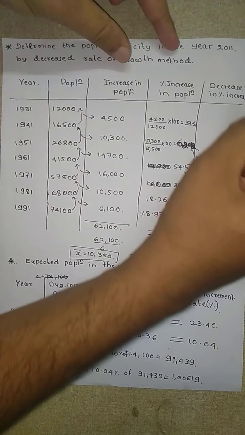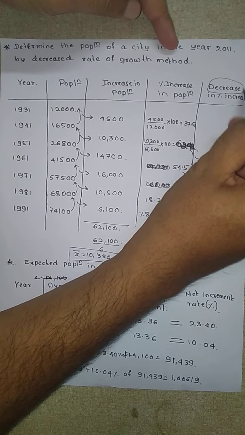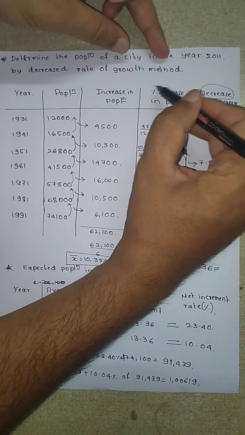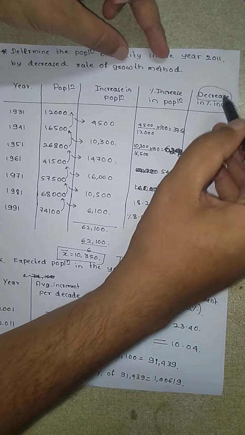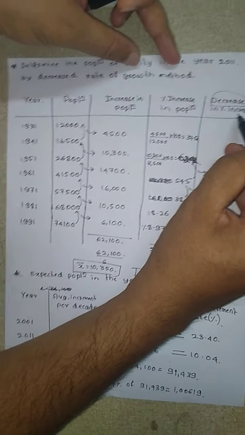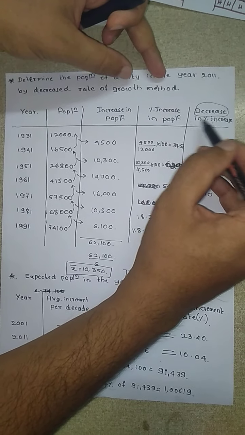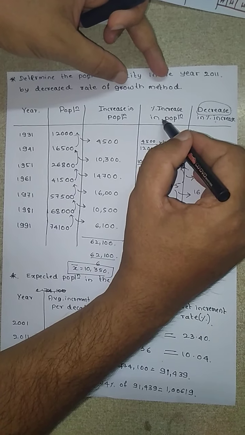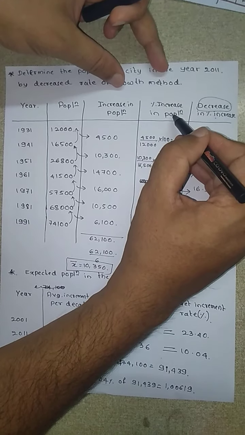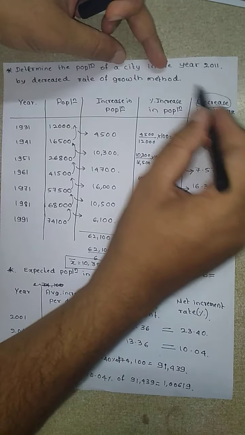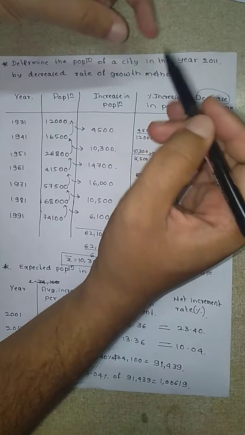If we want to find the decrease in percentage increase, we first need the percentage increase. Without the increase in population, we cannot find the percentage increase in population. So you need to have all these three extra columns.